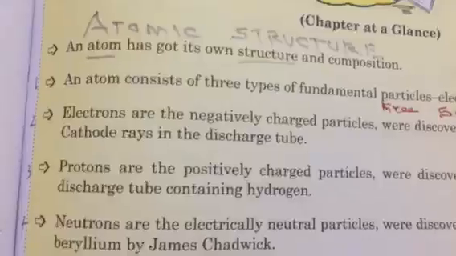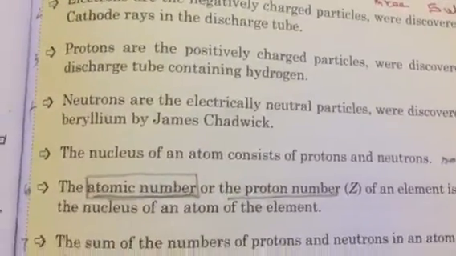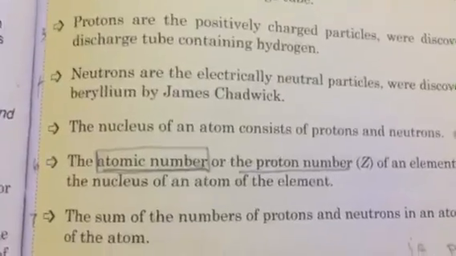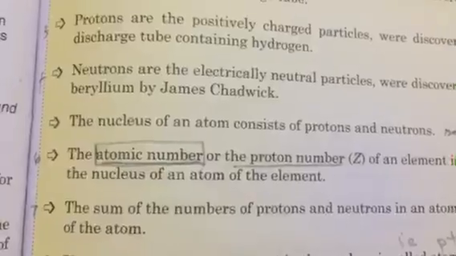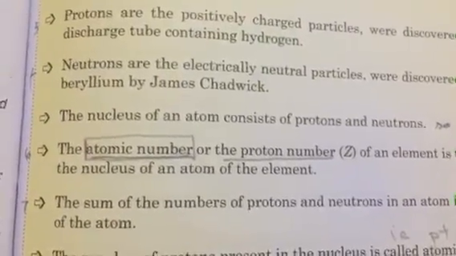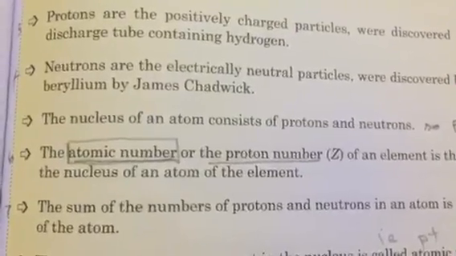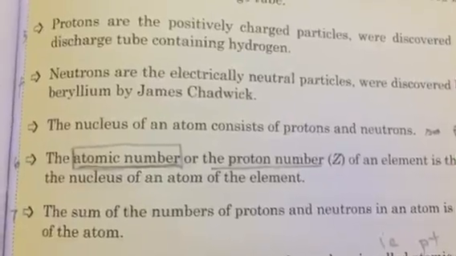So you note down electron, proton and neutron. Then two definitions, which I marked as 6th and 7th: atomic number. By definition, atomic number is nothing but proton number. Then mass number.